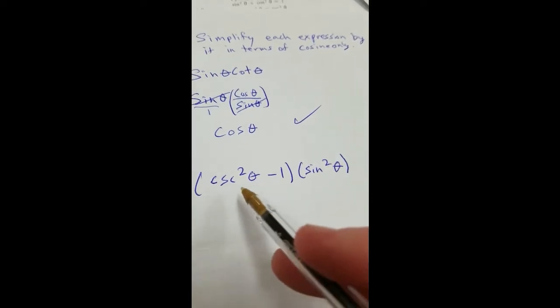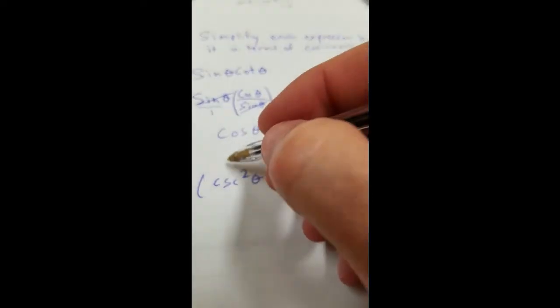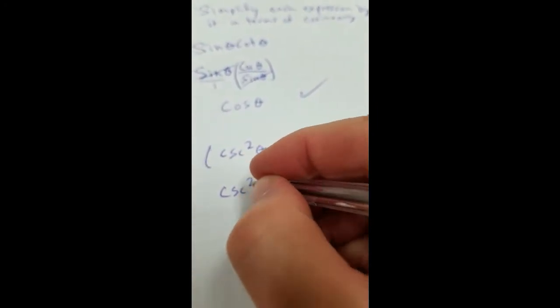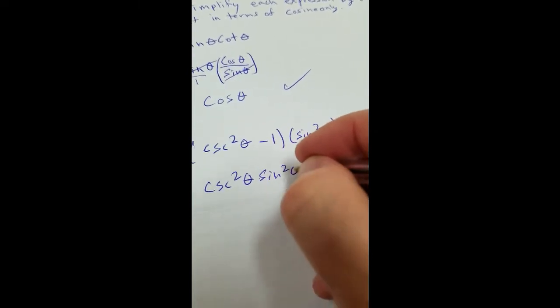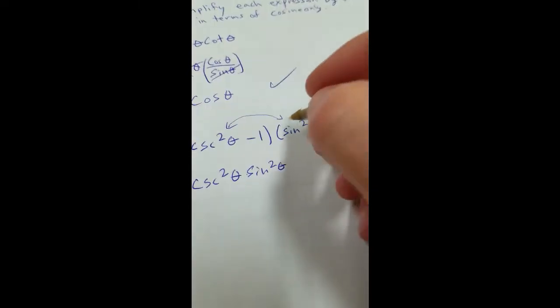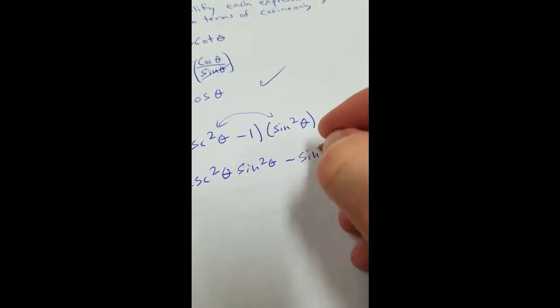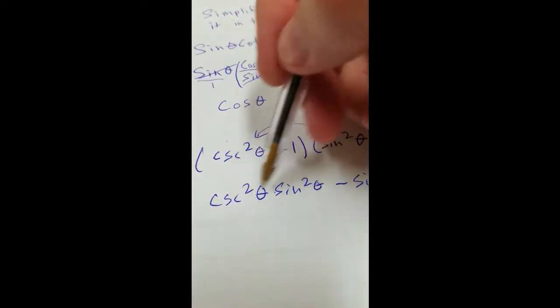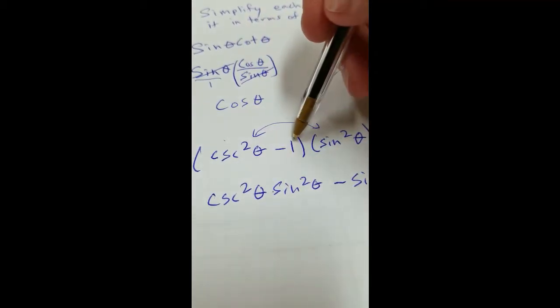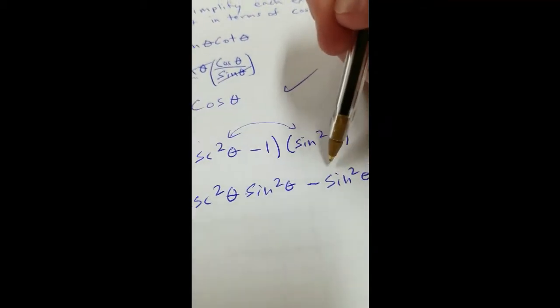If I do cosecant squared times sine squared, when I distribute across, it'll be cosecant squared theta times sine squared of theta. That's this multiplication. And then right there is minus sine squared of theta. So we see what I did: I did sine squared times cosecant squared, there it is, and sine squared times 1, and there it is.